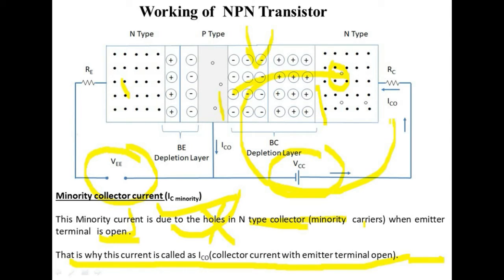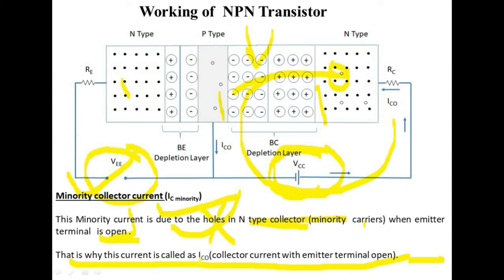And as we have already seen, reverse biasing stops the flow of majority carriers, but it helps the minority carriers cross the junction. That is why when the emitter terminal is open and reverse biasing is applied in the collector base junction, a current is flowing due to these minority carriers.